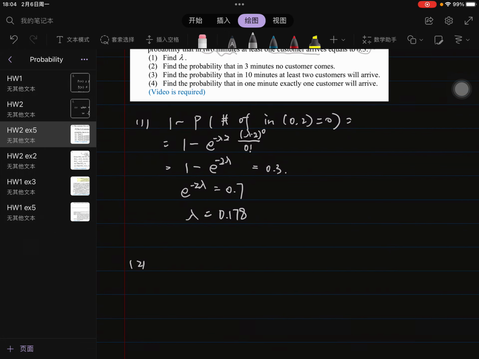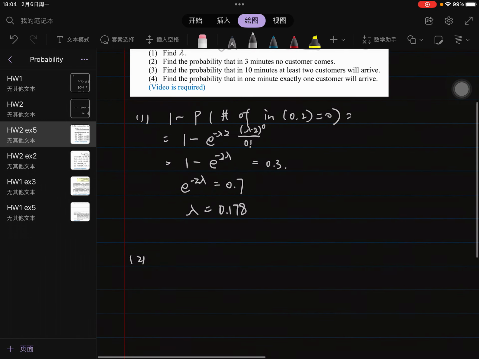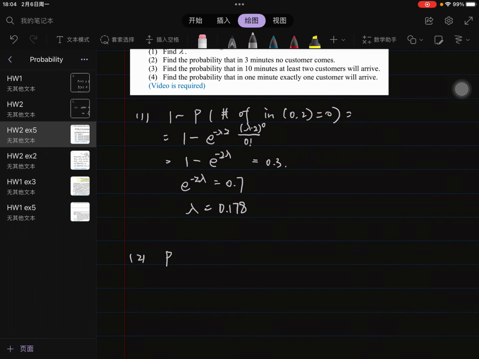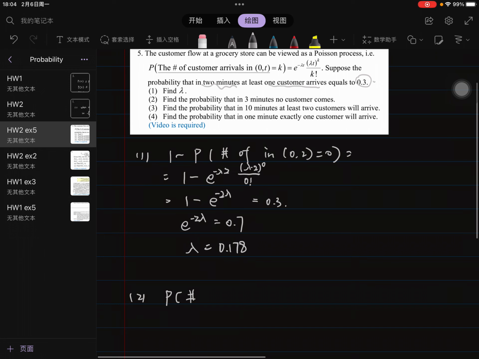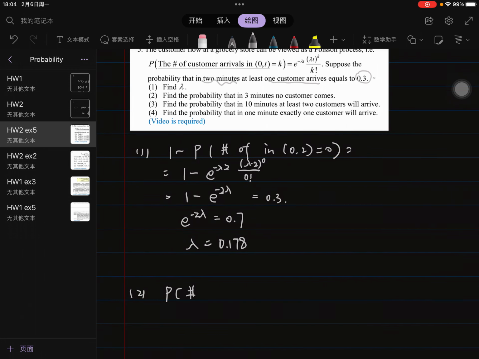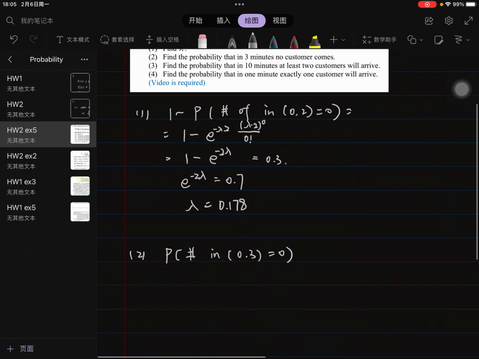And for the second question, we want to find the probability that in 3 minutes no customer comes. So we could use the probability that the number of customers arriving in 3 minutes equals no customers, still equals 0, right?